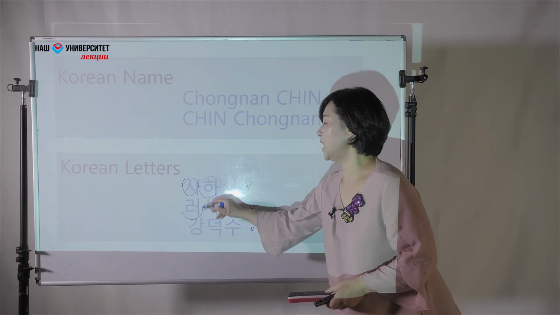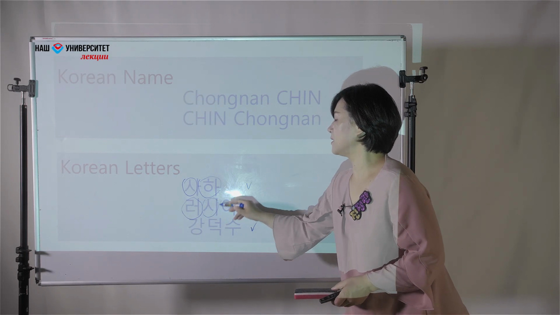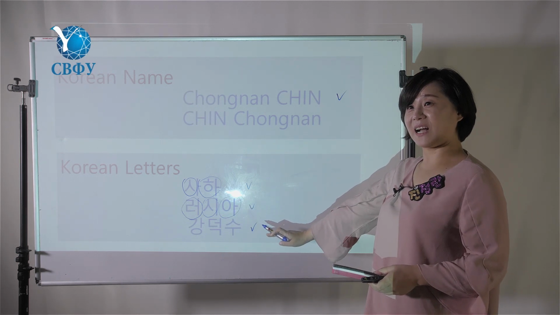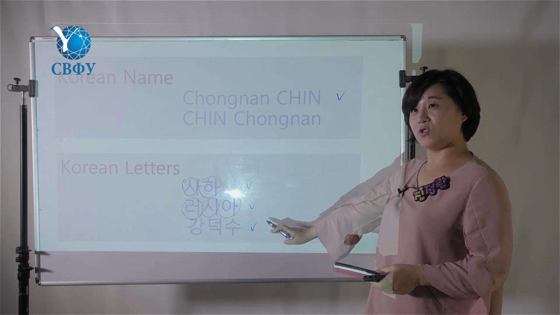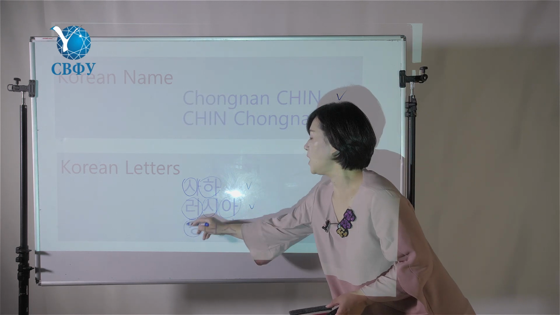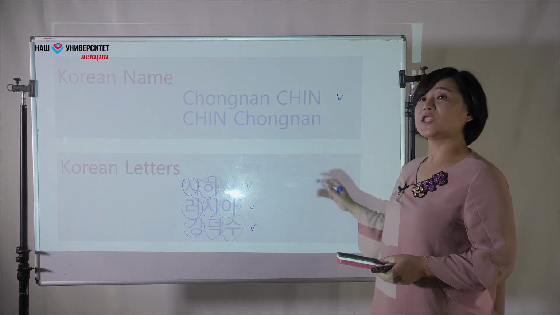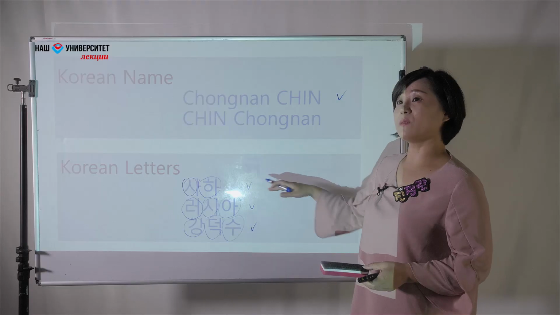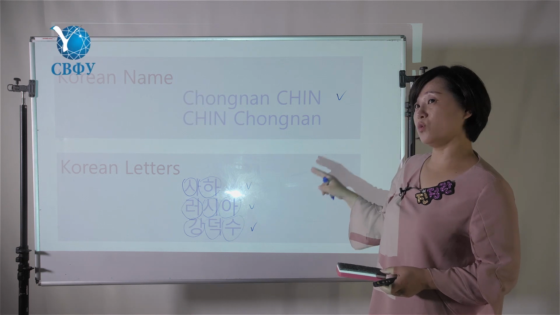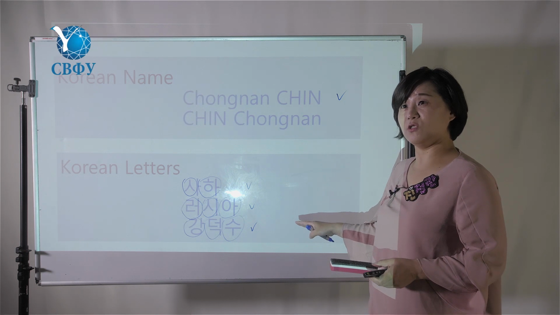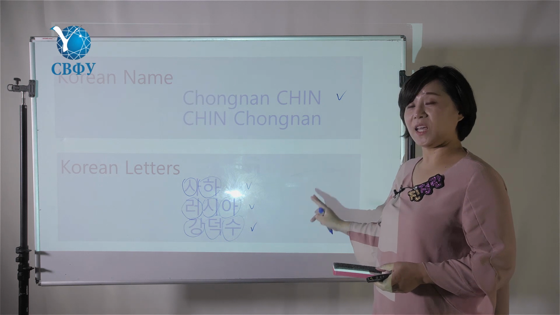There are three groups of sounds. And the last one, Kangdoksu, also has three groups. Each group, each block, refers to a syllable. So in the case of 사하, there are two syllables in Korean. Russia and Kangdoksu have three syllables.